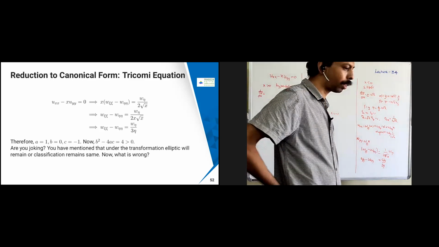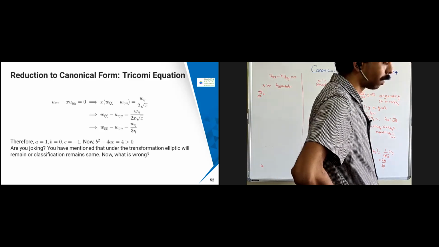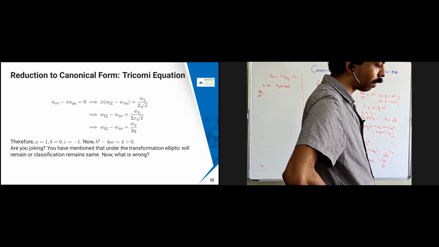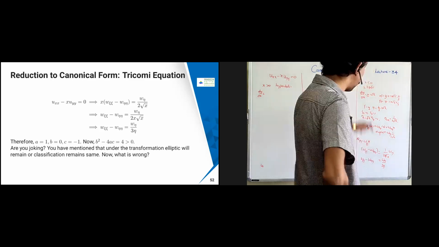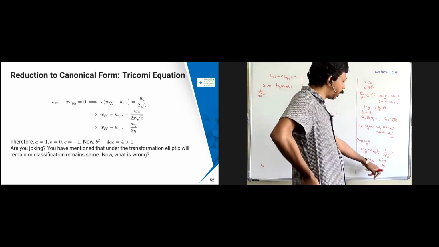Okay, you can take some time. dy by dx we take plus and minus i under root x in starting. When we solve, no, that is elliptic. No, these are all correct. Only here, from here you can just justify.